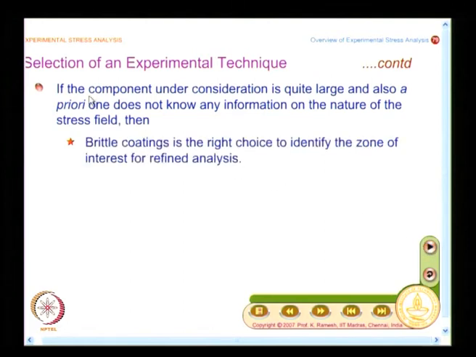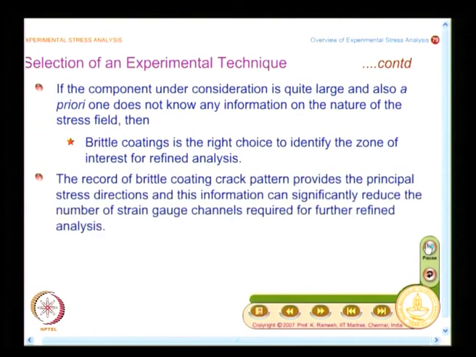On the other hand, if the component under consideration is quite large and also a priori one does not know any information on the nature of the stress field, then combine brittle coatings and strain gauges. So, you use brittle coatings to identify zones of interest for refined analysis, and continue the refined analysis based on strain gauges.